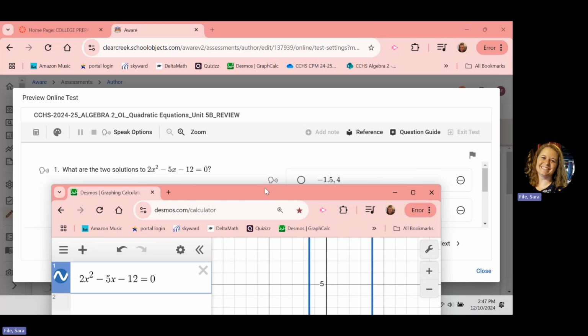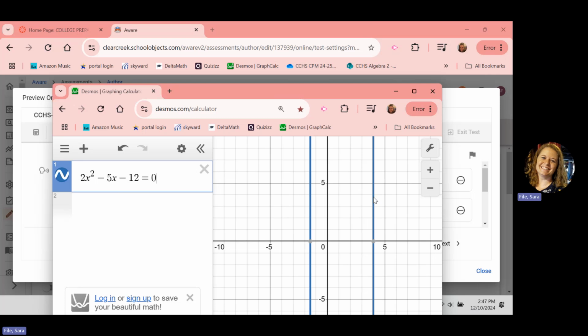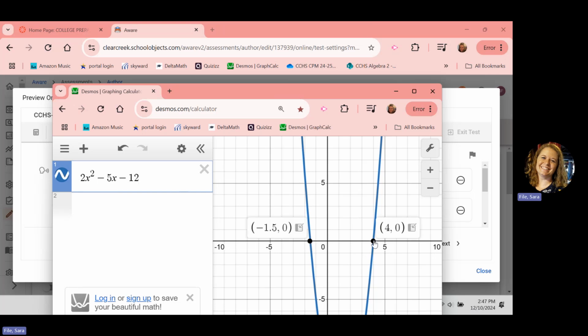Now you'll notice when you type equals 0, you just get two vertical lines through the solutions. If you don't type the equals 0, if you type equals y, or just have the x side of it, then you actually see the parabola, okay? And you can still see where it crosses the x-axis, where the x-intercepts are.